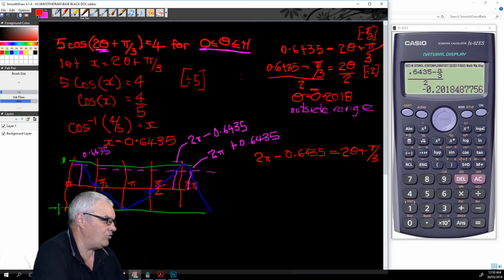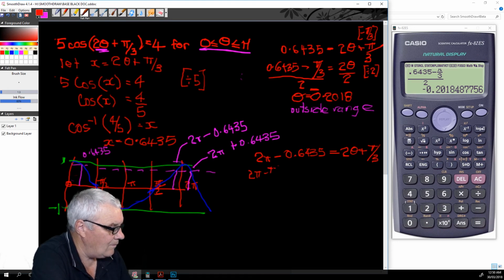And we'll have to do the same thing again. So that's going to be 2 pi minus pi by 3 minus 0.6435 equals 2 theta.